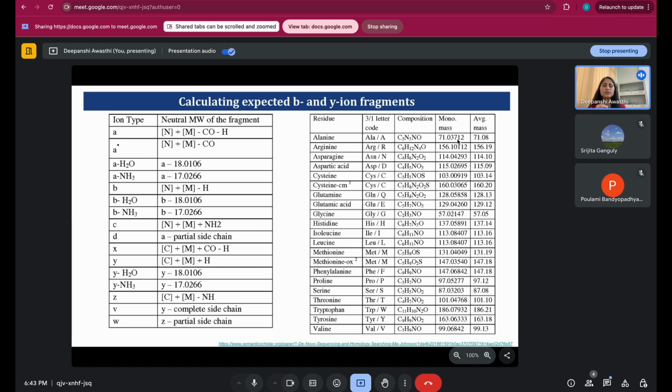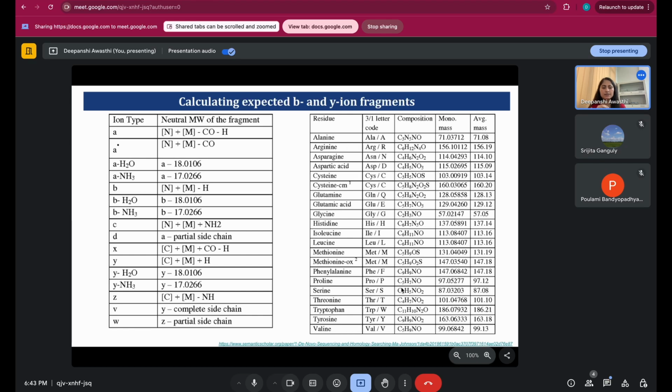When we say residue, we mean an amino acid, and when we say atoms, in a residue there will be multiple atoms, because an amino acid is made up of carbon, nitrogen, hydrogen, oxygen, and in some cases sulfur as well. These are the atoms which combine to form the residue. Different amino acids have different compositions of these atoms, due to which they have different atomic or molecular masses.